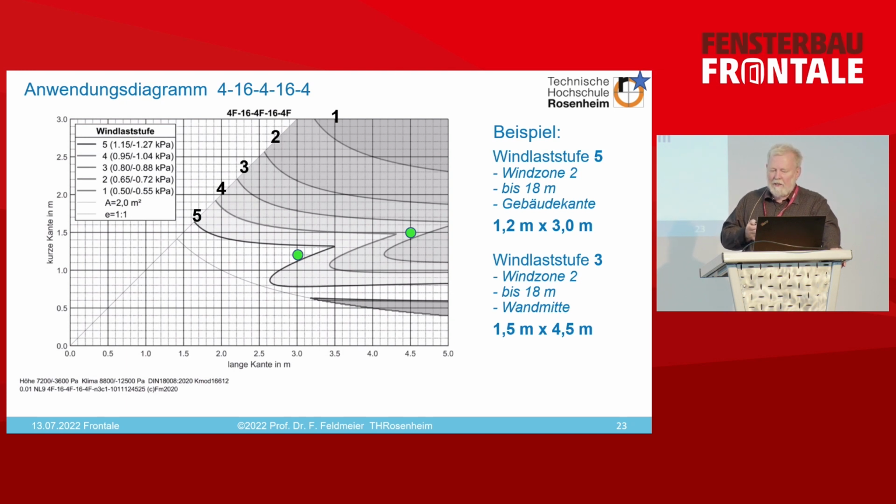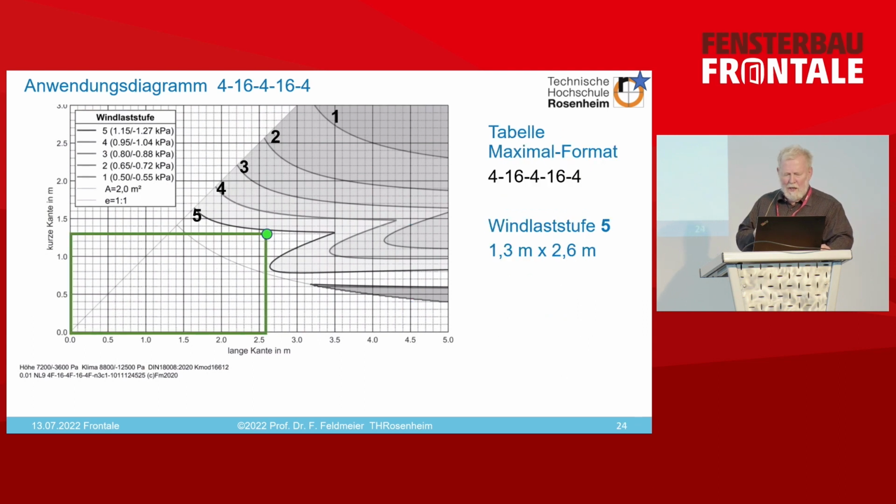So if you're in the middle of the wall, you're in wind load zone 3 and you could do 150 by 450. So that would be maximum capacity. What you can't do is having half a meter by 450. That is going to happen very rarely.